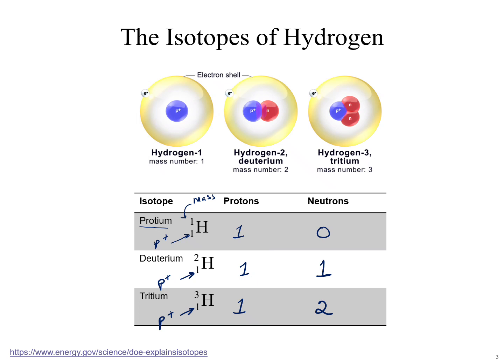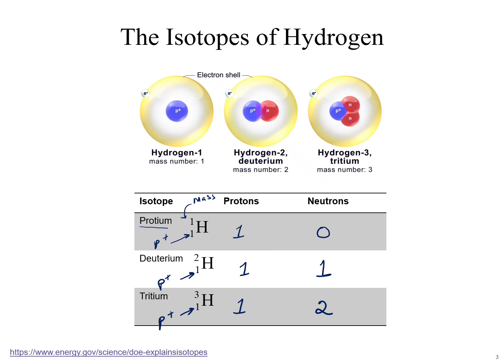So it makes sense that if the mass listed on the periodic table for hydrogen is very close to 1, it's because the isotope of hydrogen that exists in nature in greater abundance is going to be protium, which has a mass equal to 1.